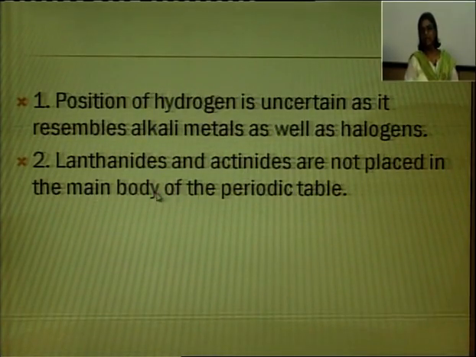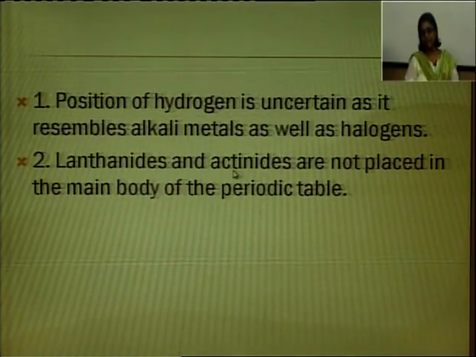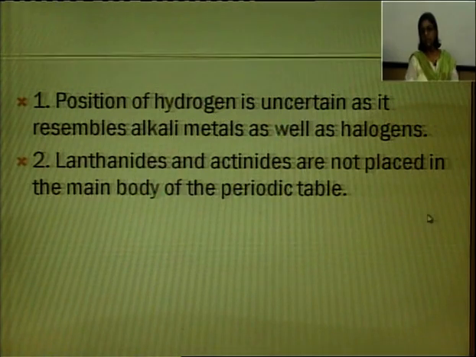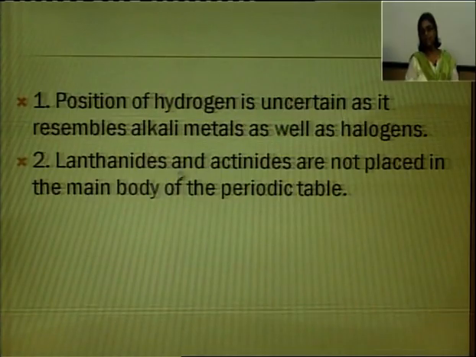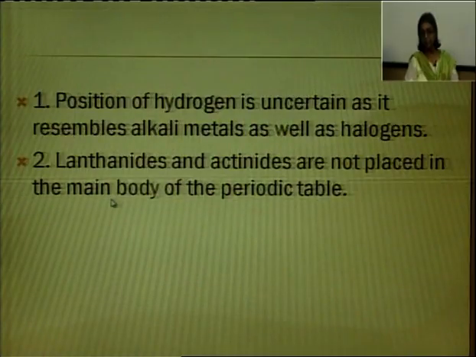These are not placed in the main body of the periodic table, but lie as 2 different rows below the main body. If we try to give a place to the lanthanides and actinides within the main body, then the periodic table would have shifted more to the left. Only to avoid it, we have placed the lanthanides and actinides at the bottom of the main body of the periodic table.